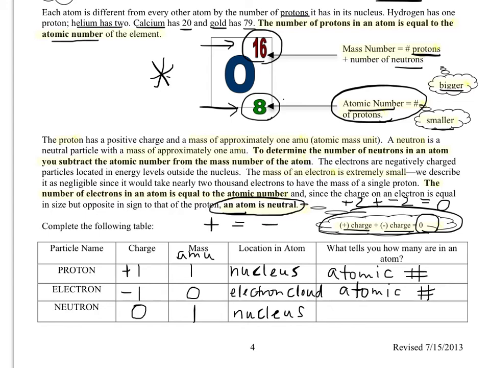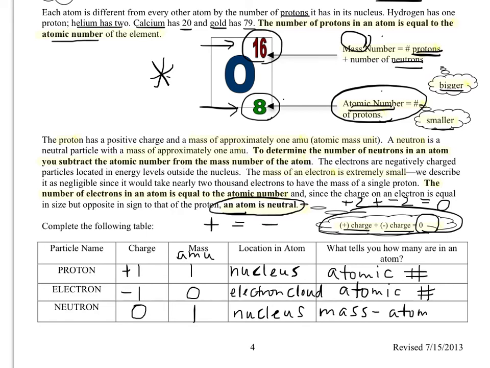If we want to know the number of neutrons, we can actually do a little subtraction problem. Okay, keep in mind that the mass is the number of protons and neutrons. Okay, and the atomic number is just the number of protons. So if we want to end up just knowing the number of neutrons, all we have to do is the mass number minus the atomic number. I want you to think a little bit about that.